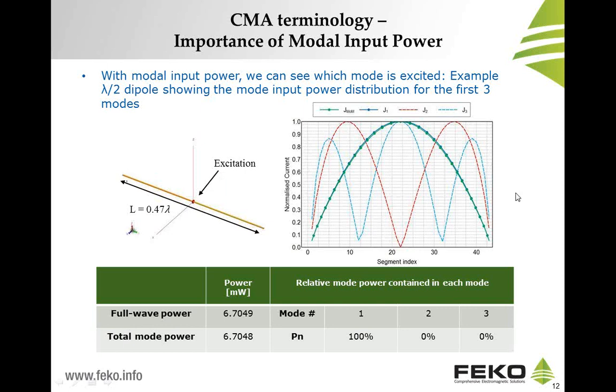Now, as we can see here, because our first mode or our fundamental mode couples very efficiently into our full wave reference solution, I also showed here higher order modes that are supported on this structure.